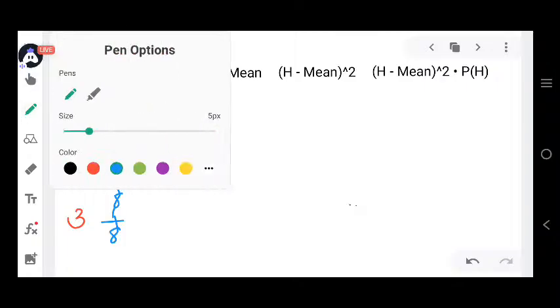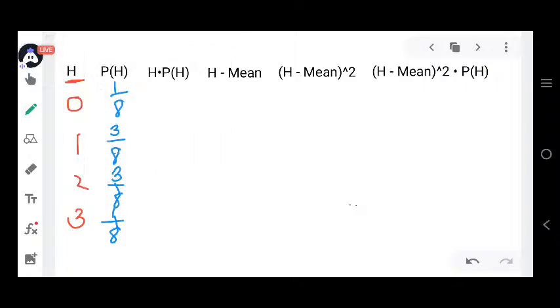The next is the third column, where we are going to multiply the random variable and the probability. So that will be 0 times 1 is 0 over 8. 1 times 3 is 3 over 8. 2 times 3 is 6 over 8. And 3 times 1 is 3 over 8.